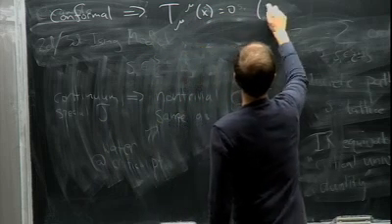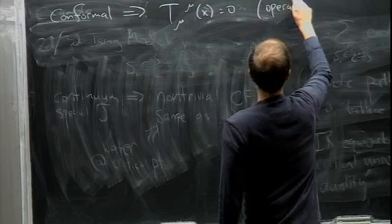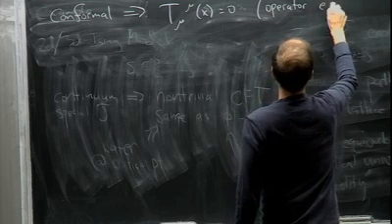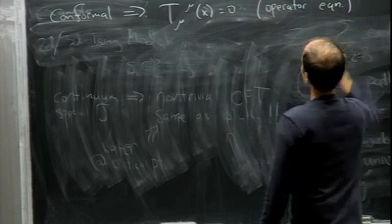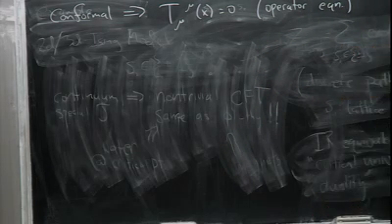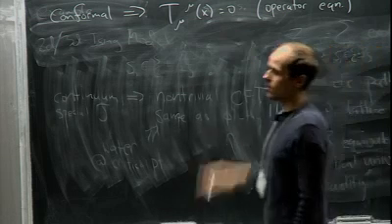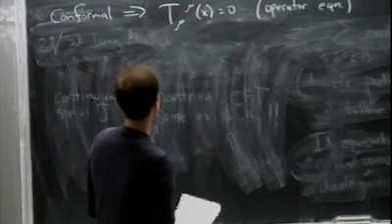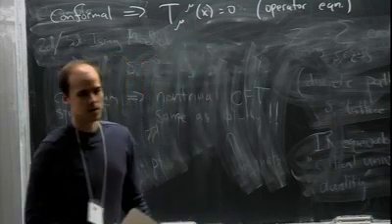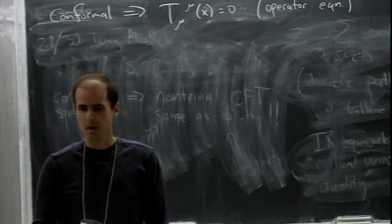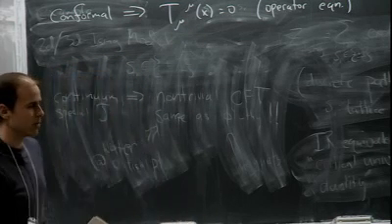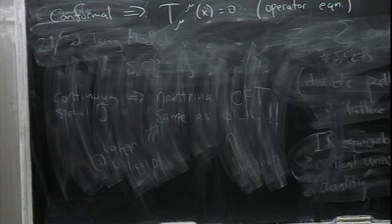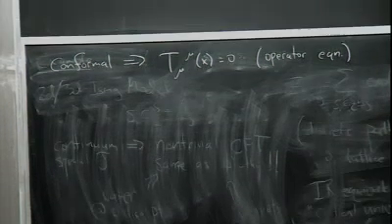And again, this holds as an operator equation, which means it's only true when inserted away from other operators. In general, there can be contact terms, and there is indeed a Ward identity for the trace of T^{mu nu}. But we'll dance around that Ward identity a little bit. We're not going to need its explicit form for a while.